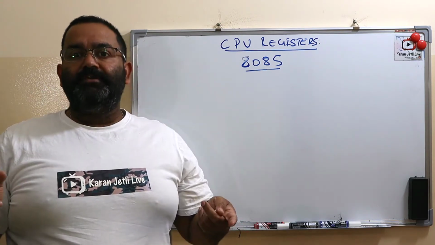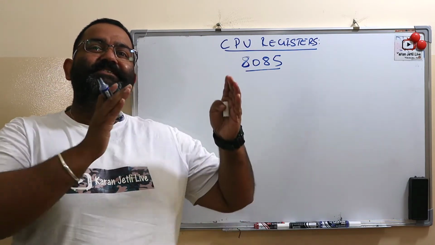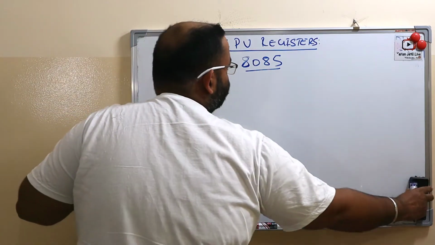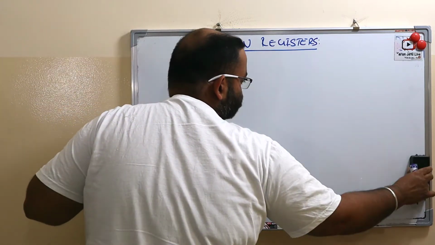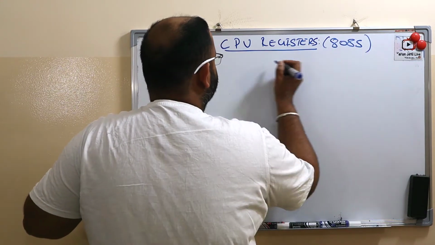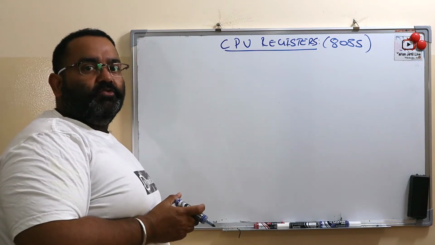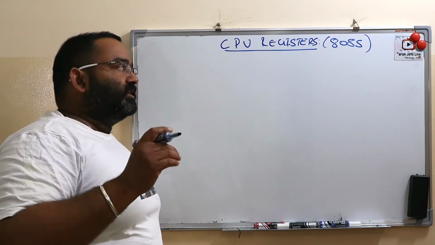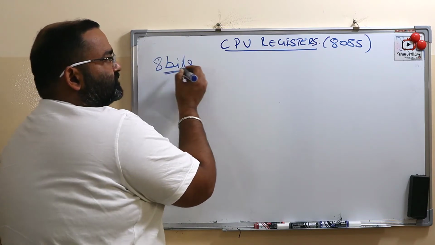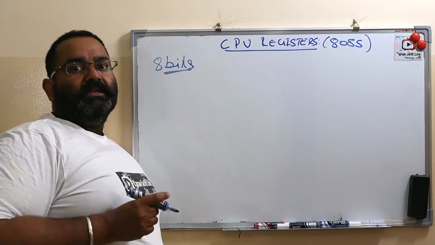Their names can be different and their sizes can be different, but their basic functionality is the same. In this example we will discuss the CPU registers of the 8085 processor family. In the 8085, the register size is 8 bits.